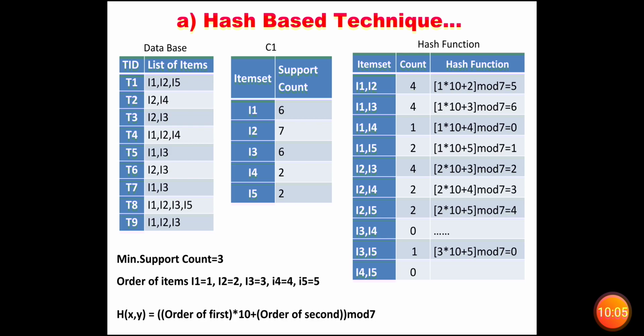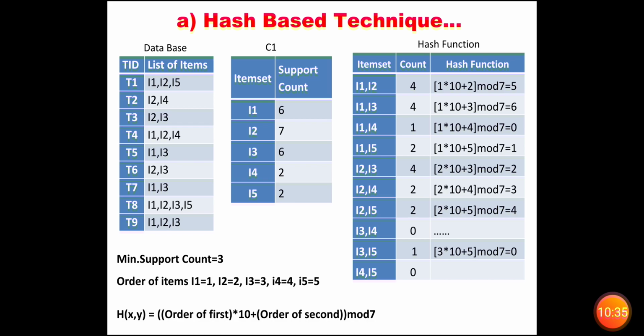The same way for I1, I3, the count is 4. The hash function: I1 is the first item, its order value is 1, into 10 as in the formula, plus the order of the second item I3, whose value is 3, into mod 7. So the value is 6.